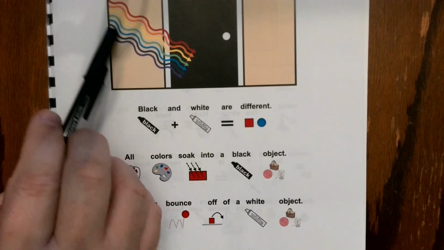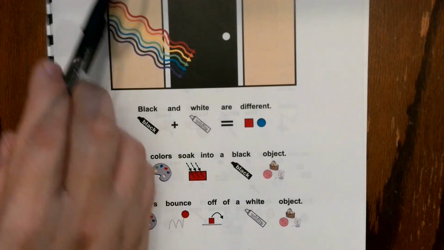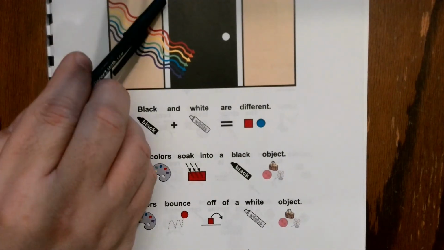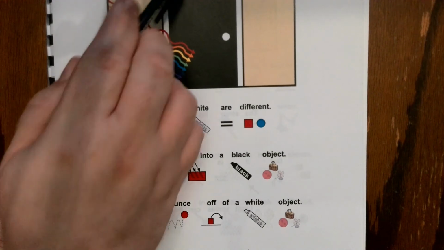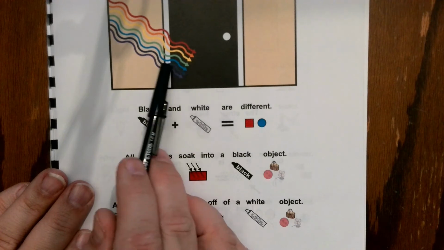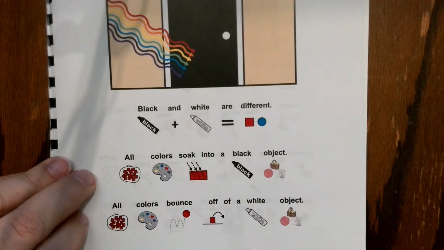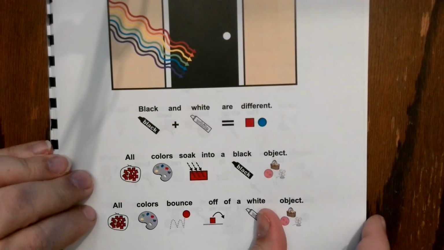So here all the colors get soaked into the black door, and all the colors bounce off the white door frame. So when you're seeing something white, you're seeing a mixture of all of the colors. If you're seeing something black, all the colors are getting soaked into that thing and not bouncing at all.